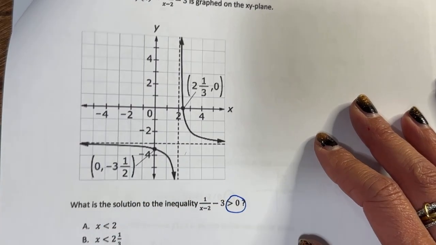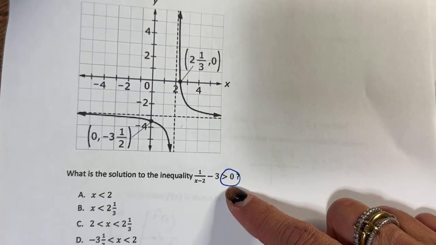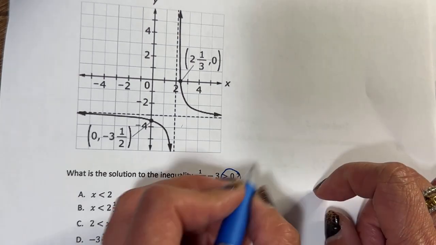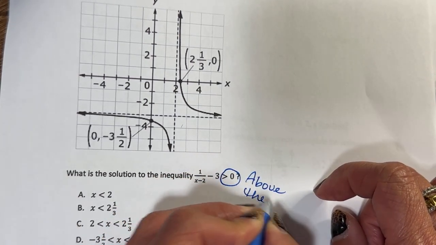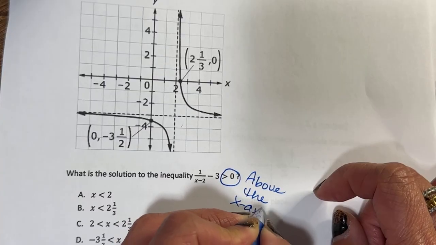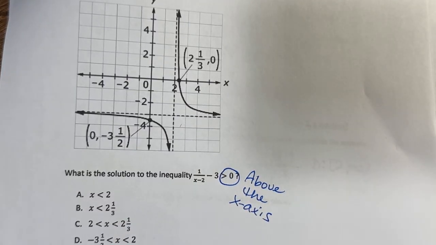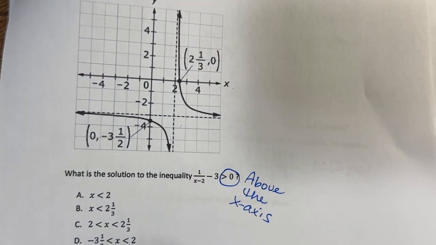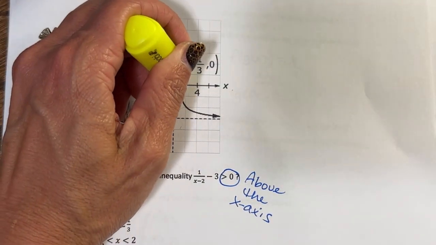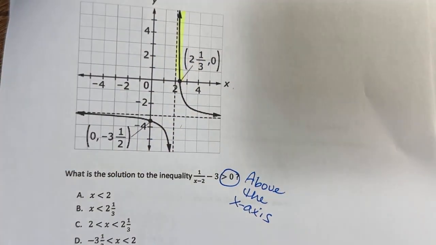So greater than 0. So it does not have the or equal to bar, so it strictly has to be greater than. Greater than means above. So above the x-axis. So it helps if you have a highlighter to represent this. So here's the x-axis. So the only part that is above the x-axis is this sliver right here.